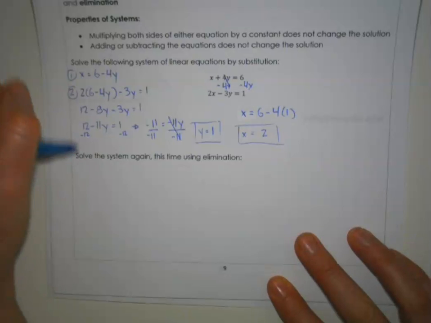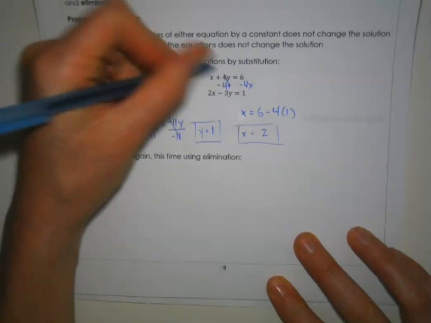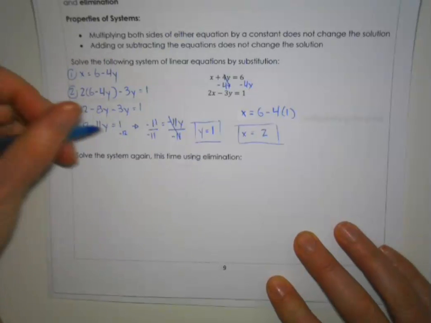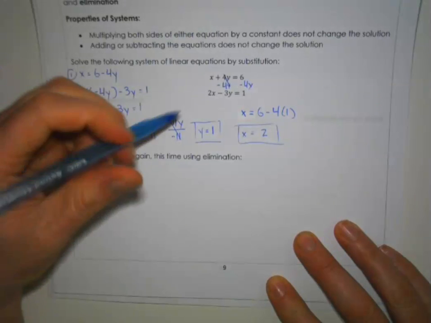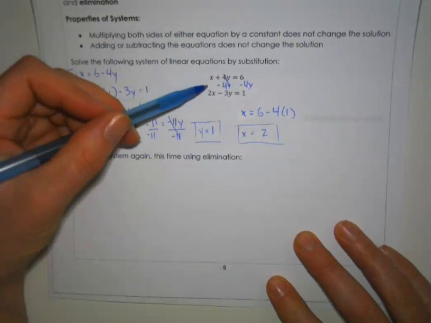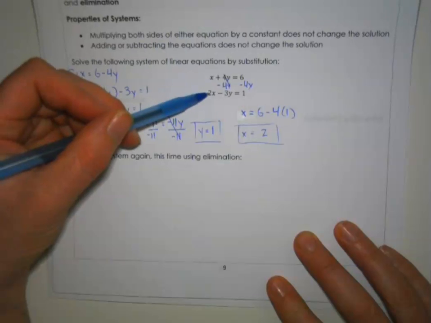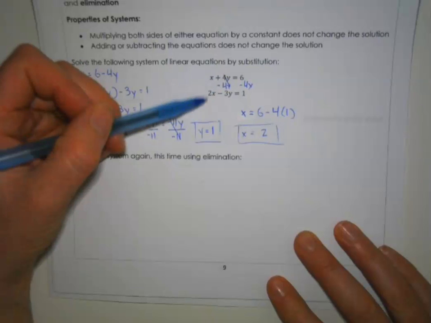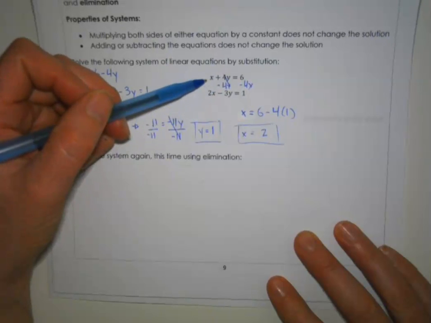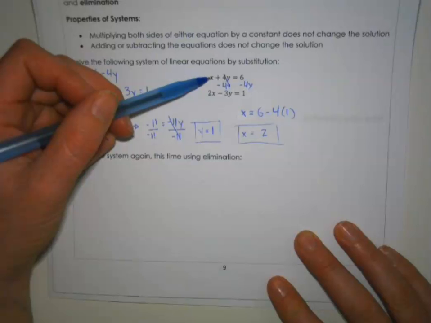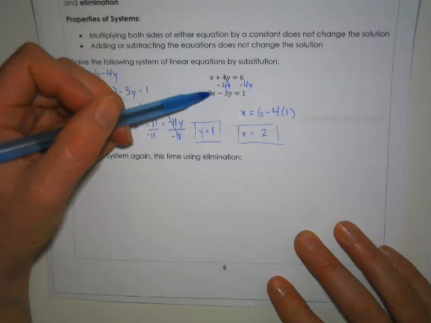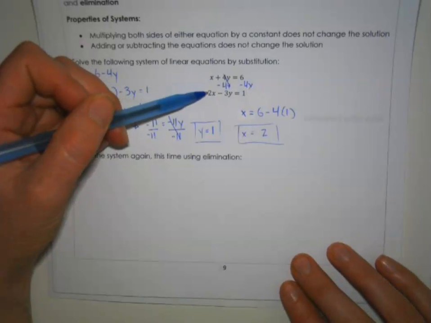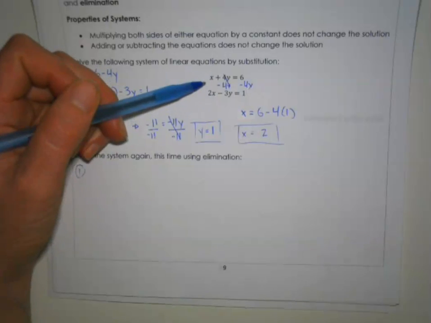So this time we're going to solve the same system, but we're going to solve it using elimination. In using elimination, basically what we're doing is we're adding the two expressions together, but we want to manipulate the expressions so that there's at least one of the variables that is equal in its coefficient, for example, but opposite in sign, so that when we add them together they cancel out.